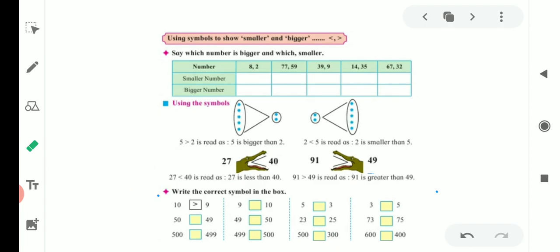Always remember that we read from left to right. Also remember that the pointed end of the sign is always towards the smaller number.